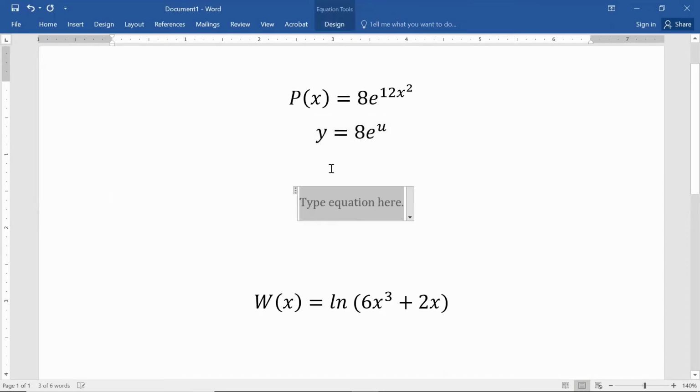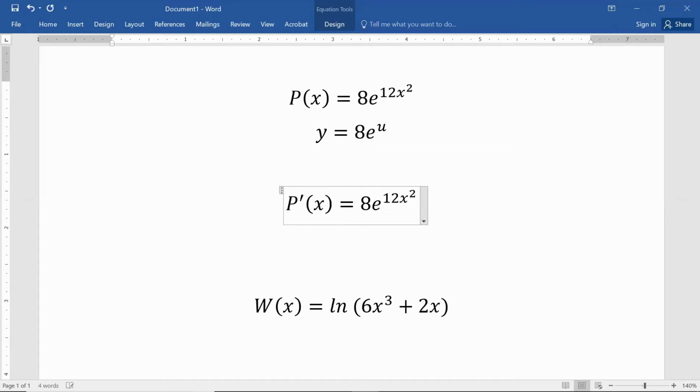So if I'm taking the derivative of p of x, I go 8 times e to my original power. My original power here is 12x squared. And then I have to multiply times the derivative of the inside function.